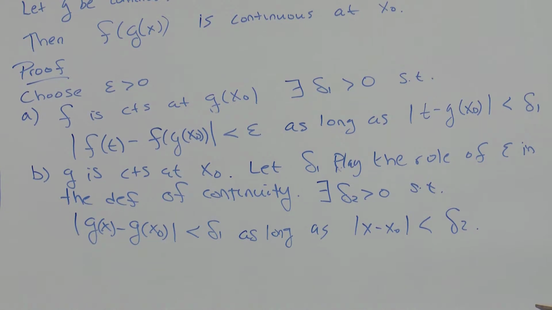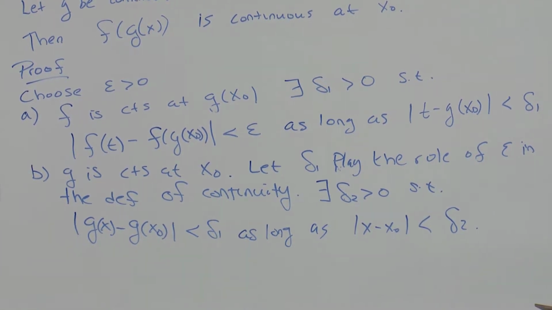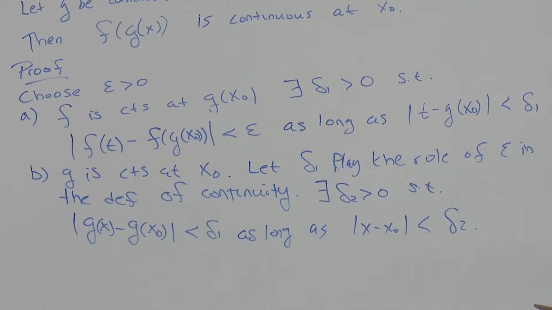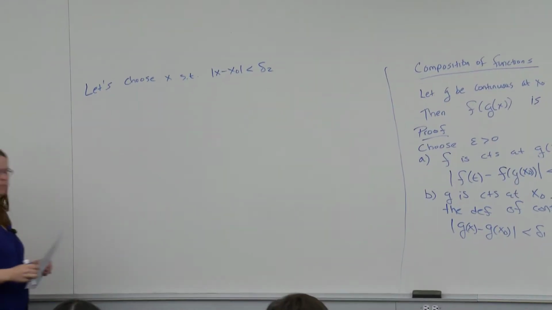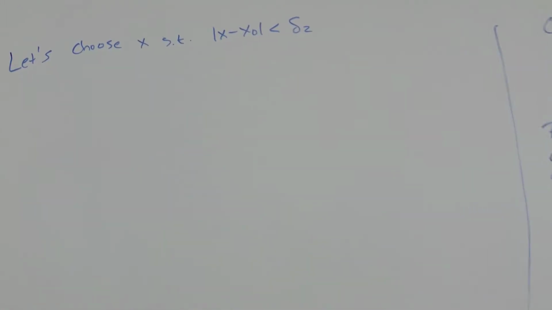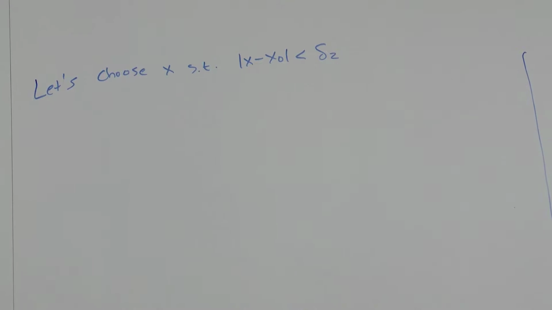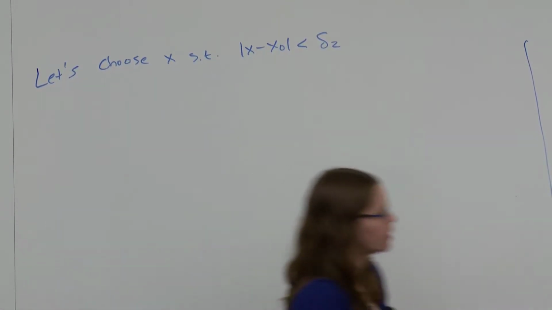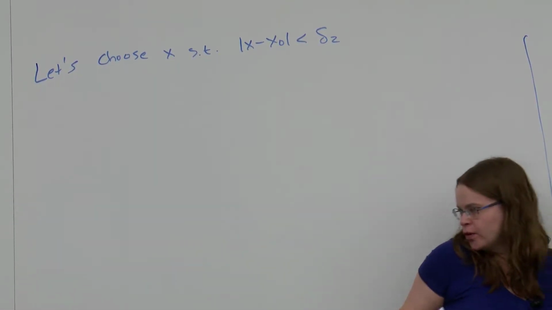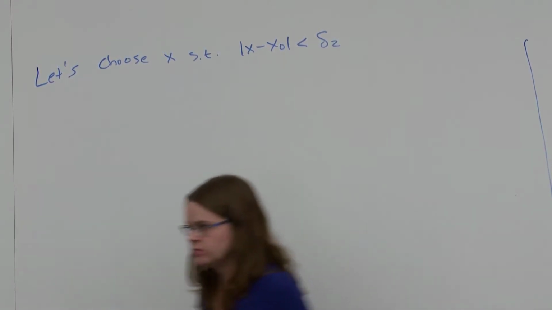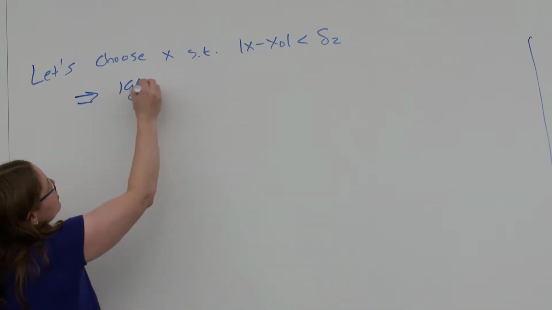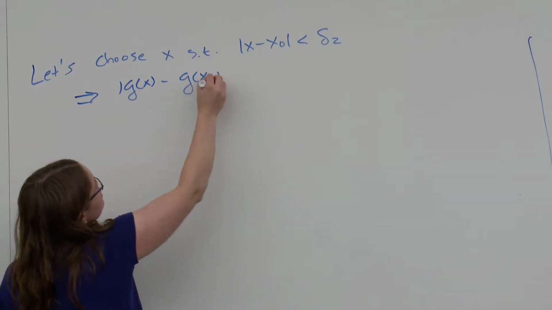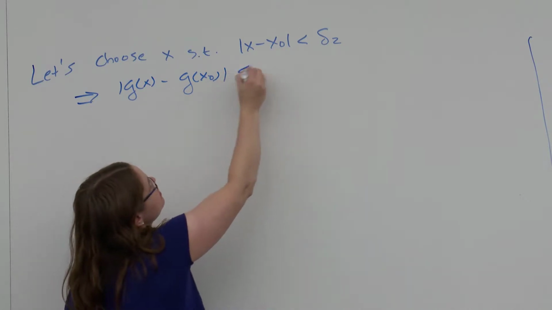So let's choose x such that x minus x naught is less than our delta 2. Okay, all I'm doing is rewriting in a different order the statement here that g is continuous. Right, we know that g of x minus g of x naught is going to be less than delta 1.